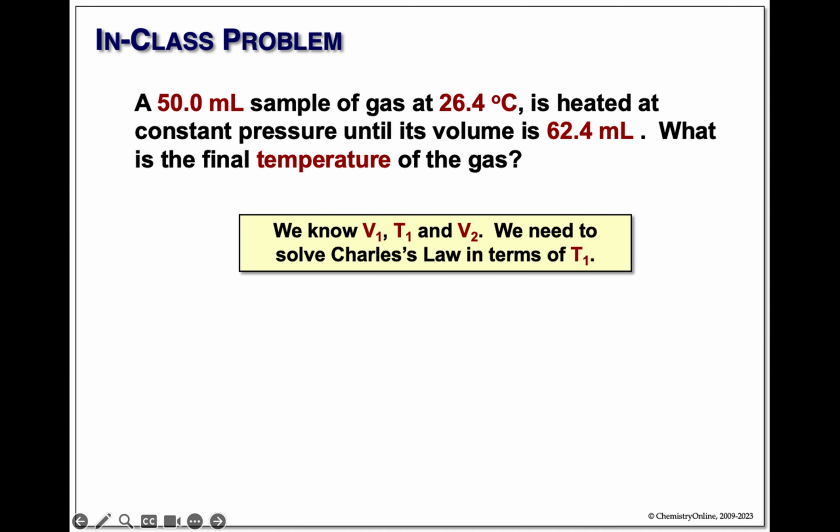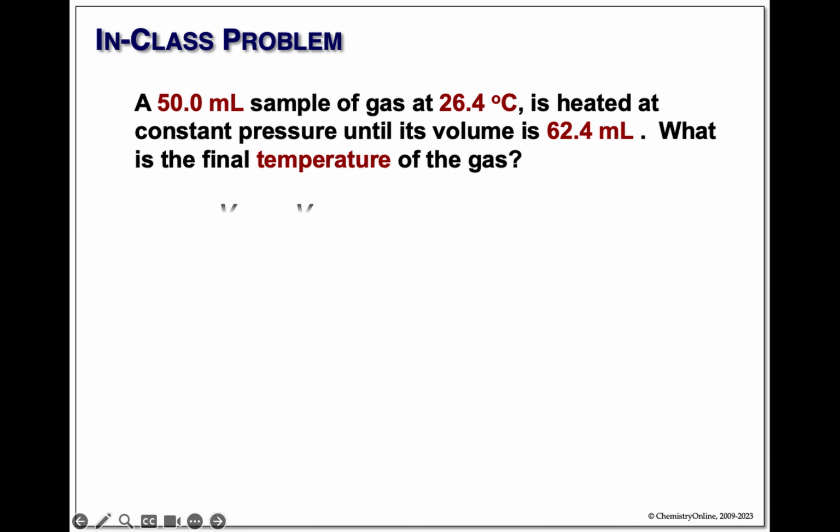We know V1, 50 mils. We know T1, 26 centigrade. And we know V2, 62 mils. Again, make sure they're all the same units. The one unit that we can't deal with, of course, is the centigrade here. We must change that into Kelvin.